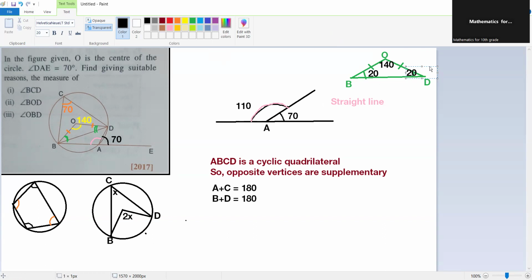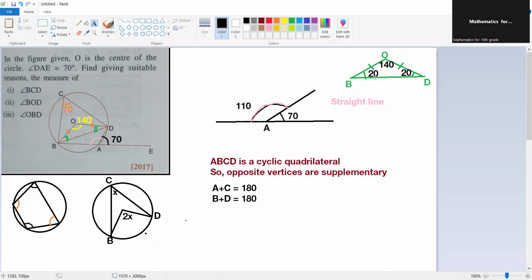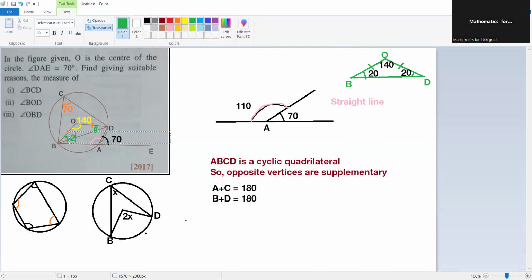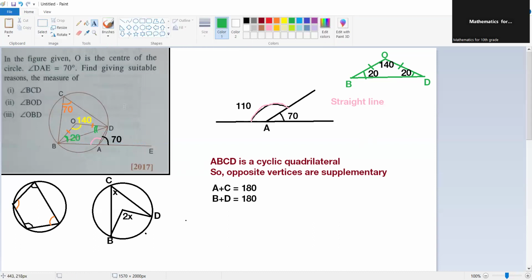So 140 plus 20 is 160, and 160 plus 20 is 180. What has been asked is angle OBD. This is 20 degrees. So I'll write the answers here.